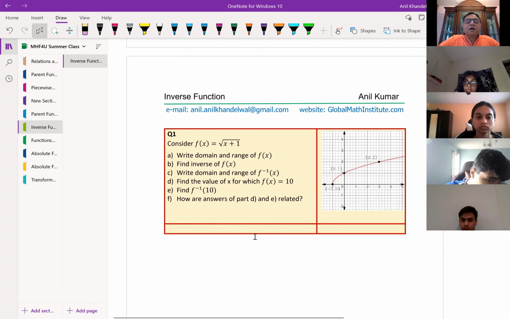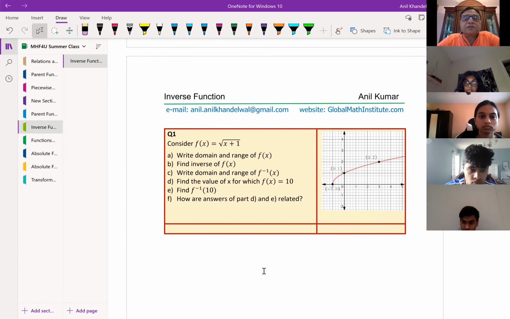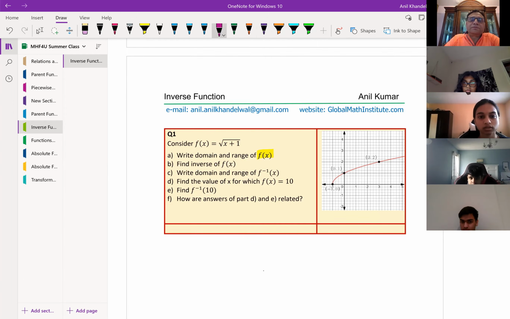I'd like one of you to read this question. Ankita, can you please read this question and answer? Consider f of x equals x times square root of x plus 1. Write domain and range of f of x. Find inverse. Do you want me to answer? Answer the first one, yeah.